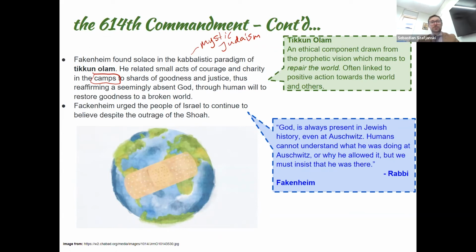And he likened them to shards of goodness and justice. What's interesting in this idea of shards is that Tikkun Olam is this notion of a broken world, often symbolized by this idea of shattered. So he links back to the idea that within the shattering of a world, there are little bits of goodness.